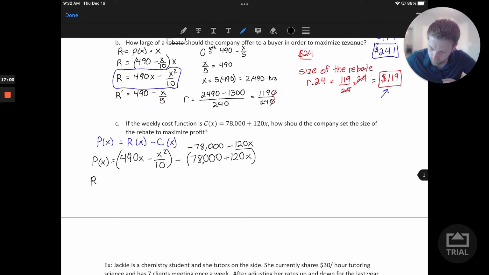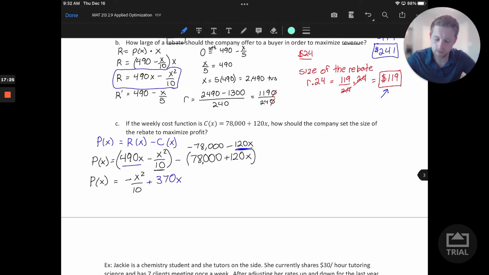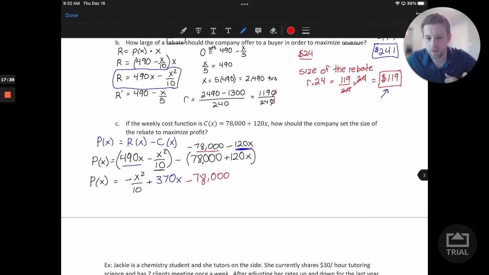So we have P of X. We'll still have this leading term of the x squared, so we'll put this in front. We have negative x squared over 10. If we have the 490 and negative 120, that becomes positive 370. And then the last term we can highlight here would be our constant, so that would be negative 78,000.